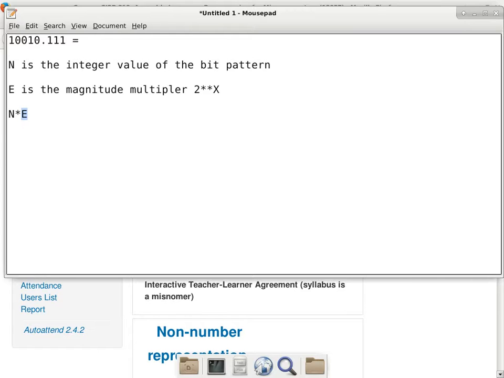Now, fixed point numbers have applications. If you look at the flexibility of a fixed point number, is it flexible? No, absolutely not, right? Because the binary point is fixed, and that's why it's called a fixed point number.